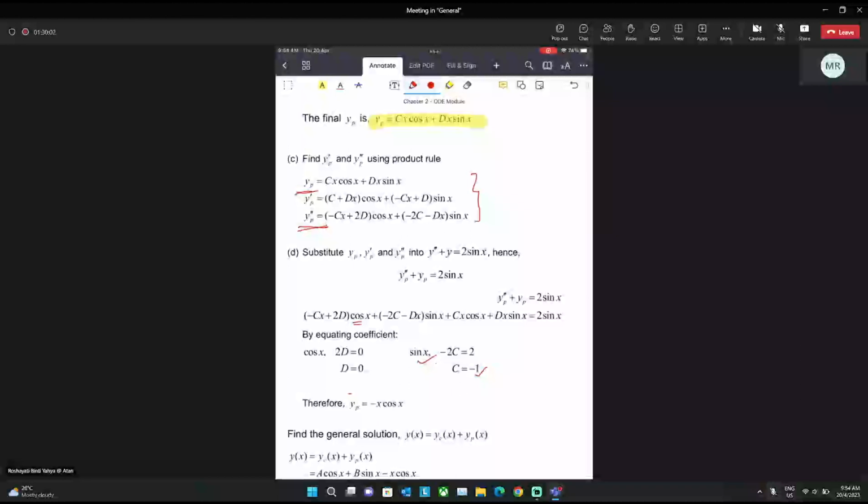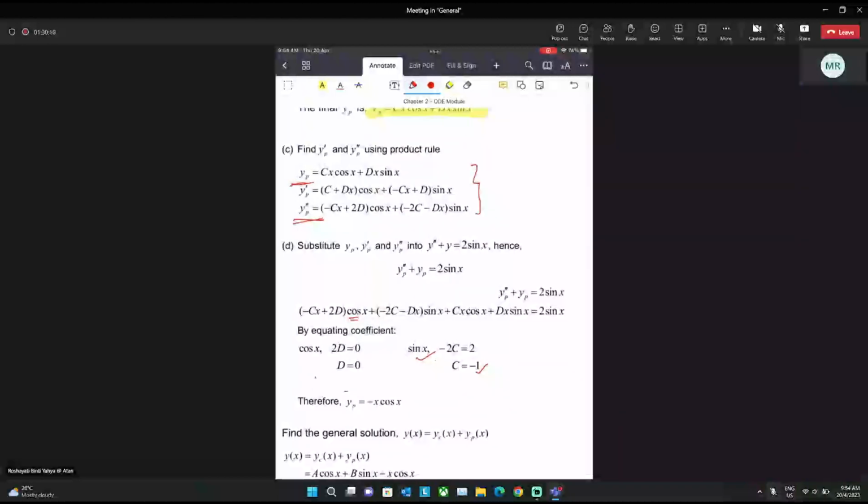Yang cos ni, yang macam tadi saya cakap tu, saya dapat 2D. Lepas tu, okey doktor, saya tertinggal C depan tu, doktor. Ni? Okey, saya salah. Saya tertinggal negatif CX depan tu.